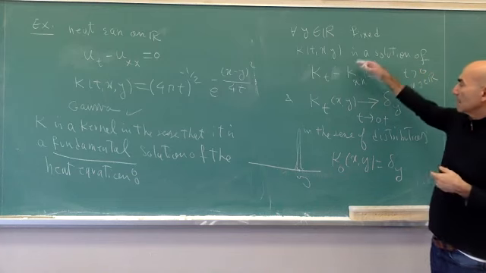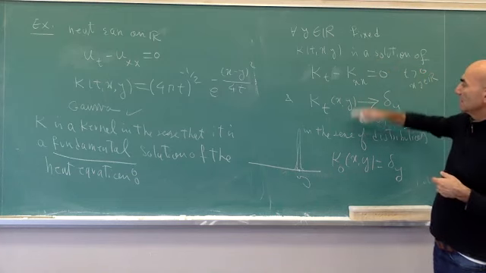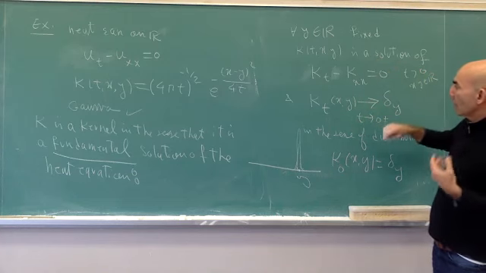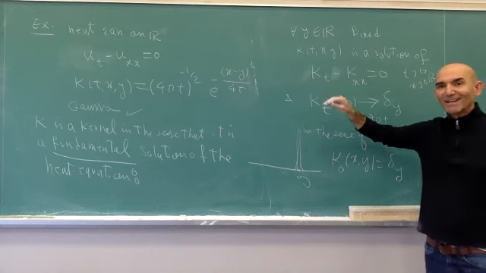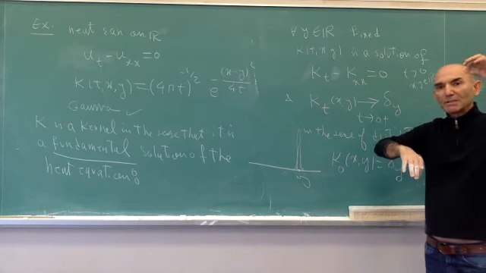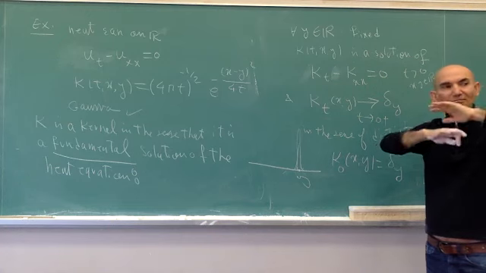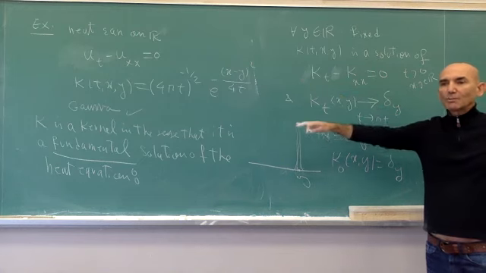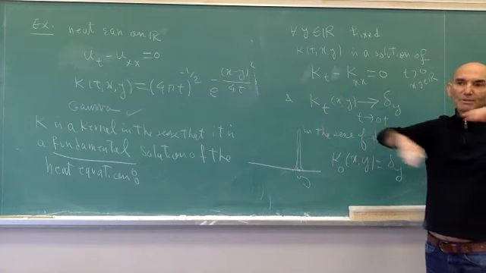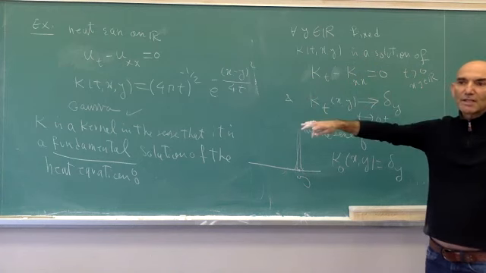Another thing is what happens to this as t goes to infinity. As t goes to infinity, this piece of ink diffuses and eventually becomes 0 everywhere, because it is so thin eventually.